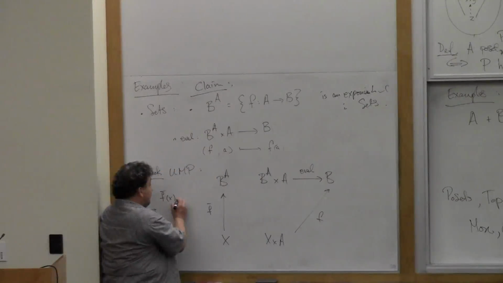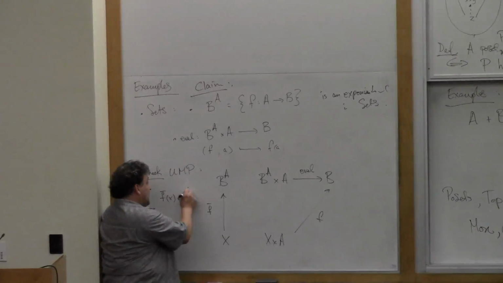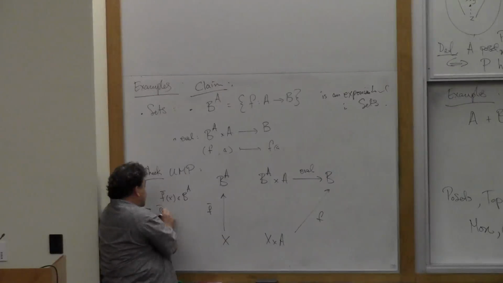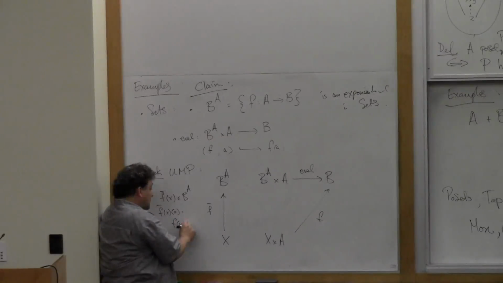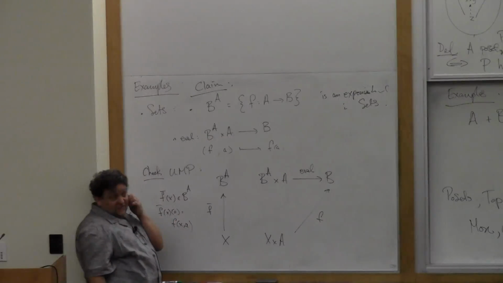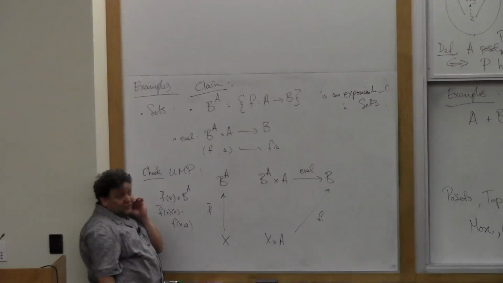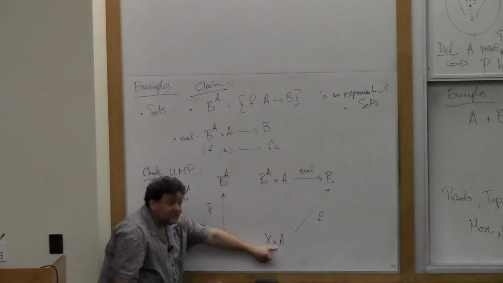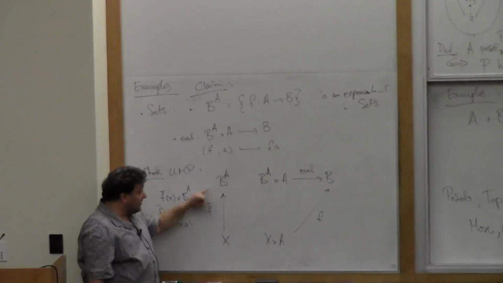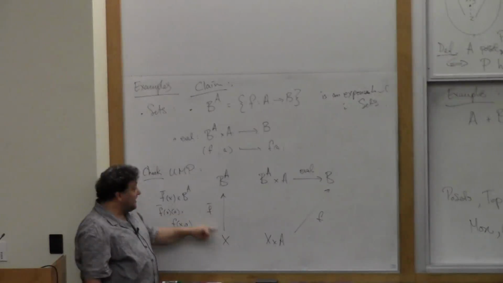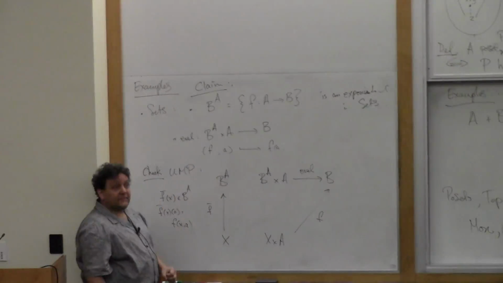Of course, I'll take the function f bar x, which at an argument a gives me f of x a. It's the lambda transpose, the currying of this function in two arguments, gives me here this function in one argument, taking values in functions.